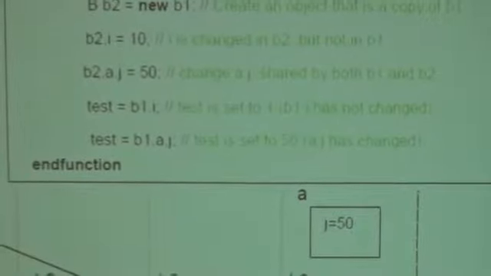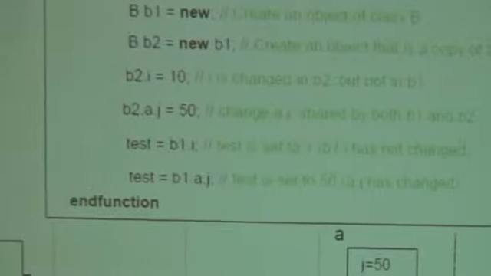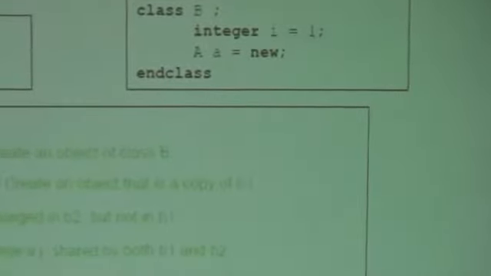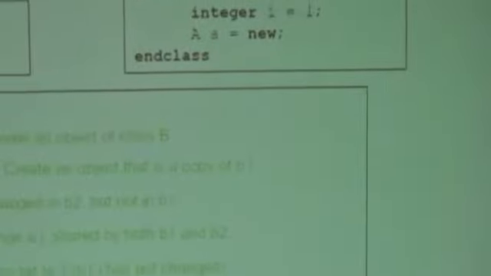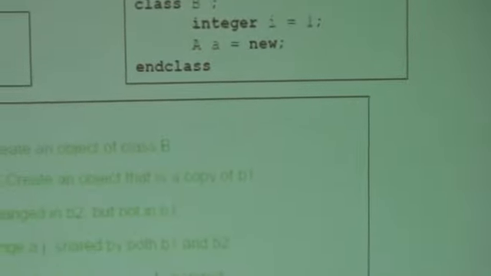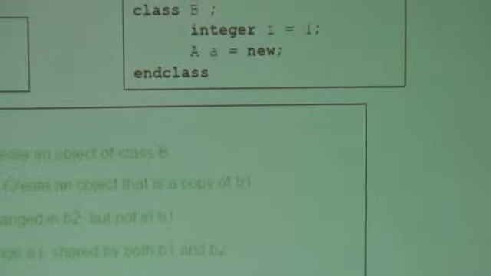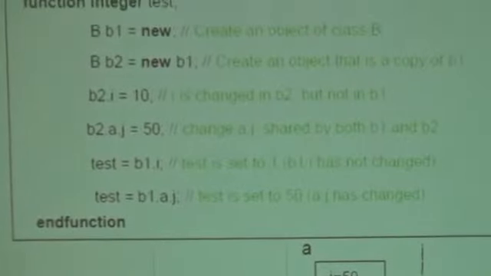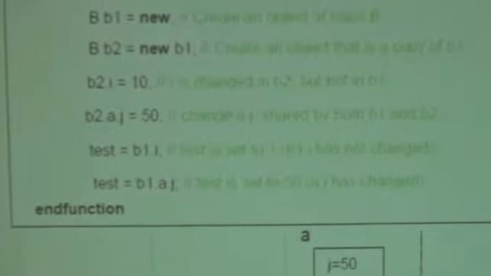At the same time I am updating the member in the Xerox copy. In this Xerox copy, b2, we have another class A, defined with a variable small a, and I am accessing through this Xerox copy the class which is instantiated in B using the command b2.a.j is equal to 50.